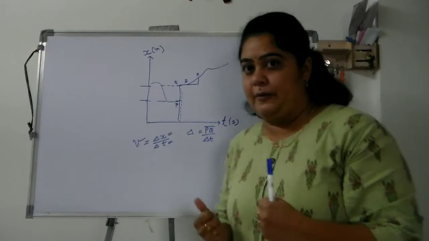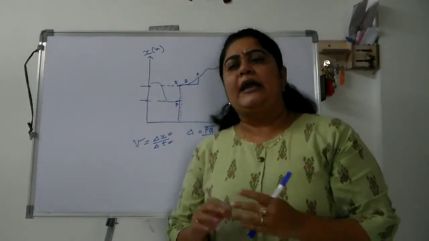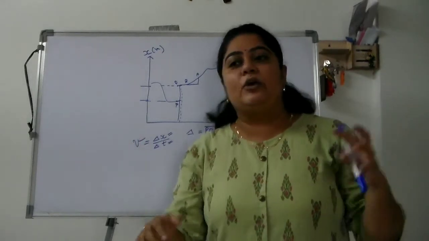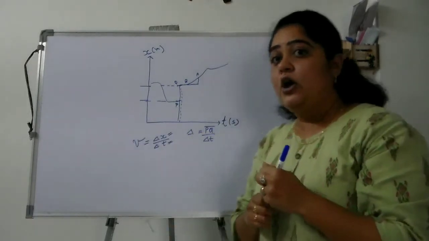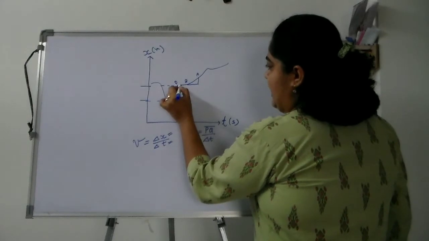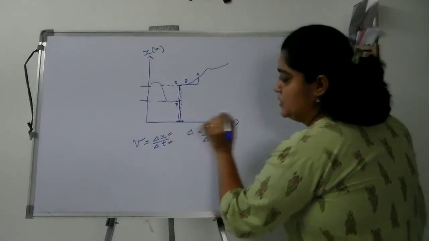Now how does this happen? For example, if you are riding at full speed, say around 80 meter per second, and suddenly you need to put a brake. When you apply a brake so suddenly, you are going very nicely and you are coming to a stop.